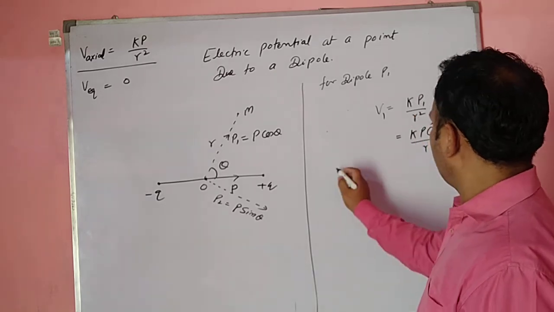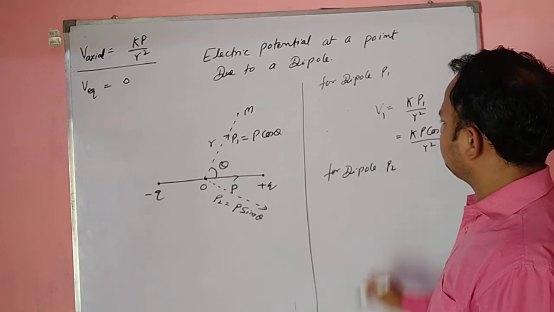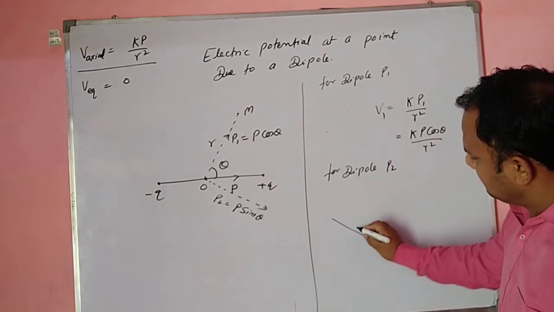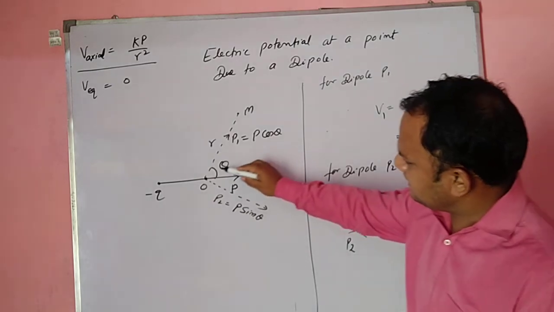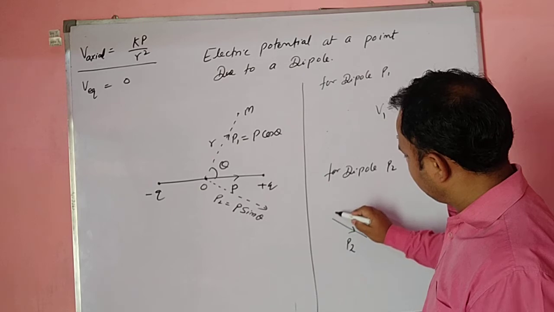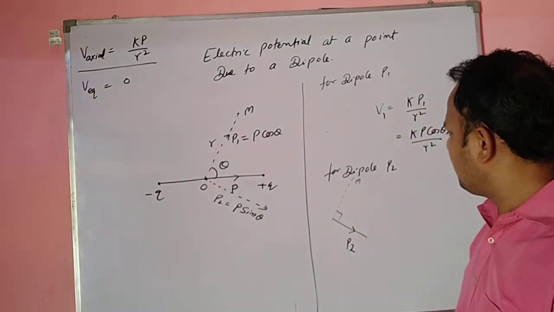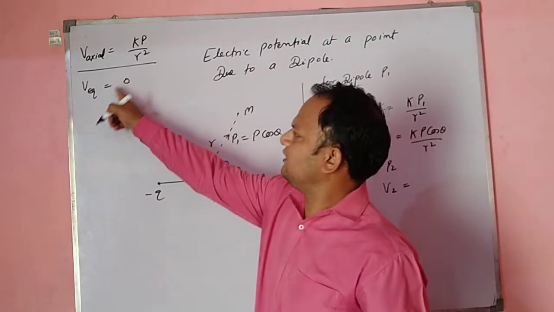Now for dipole P2, my second dipole is like this. This is P2. And where is the point? Here is the point. So it is at the equatorial point. So the potential because of this equatorial dipole is 0.